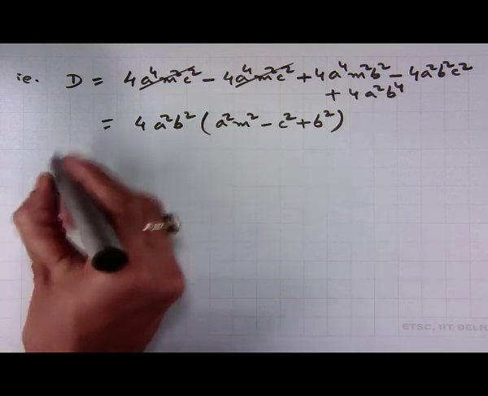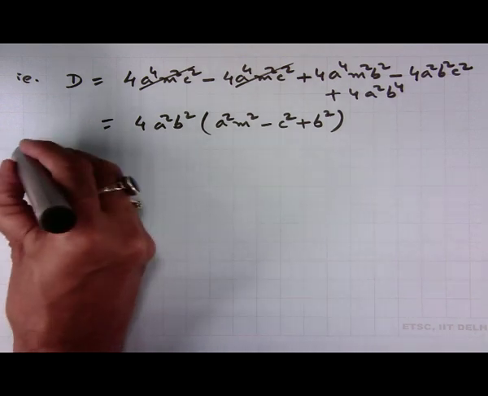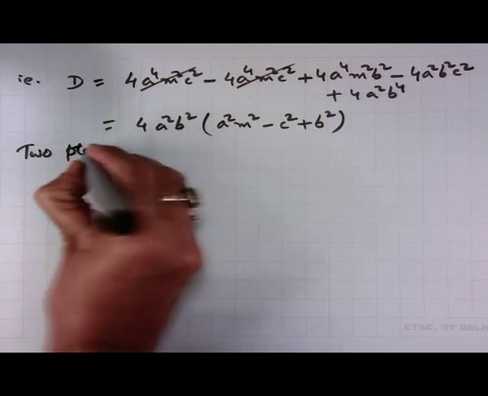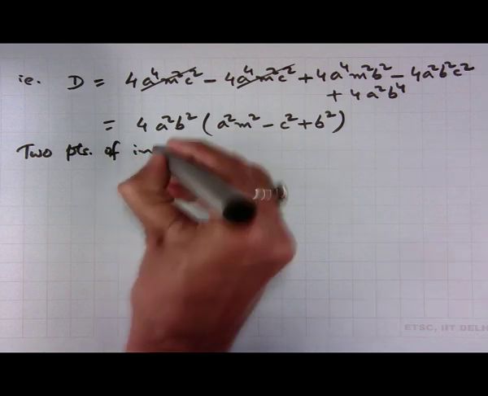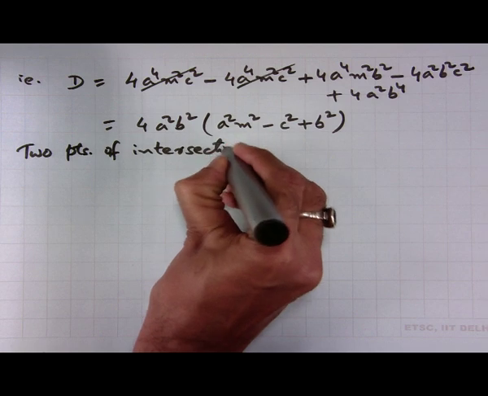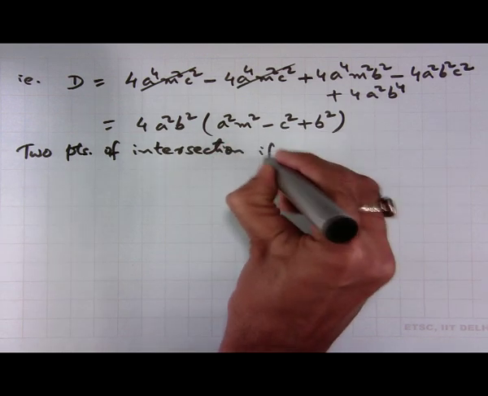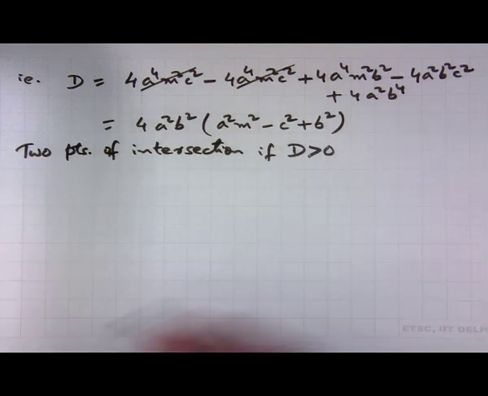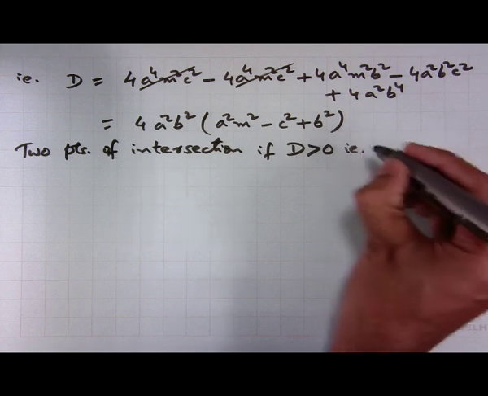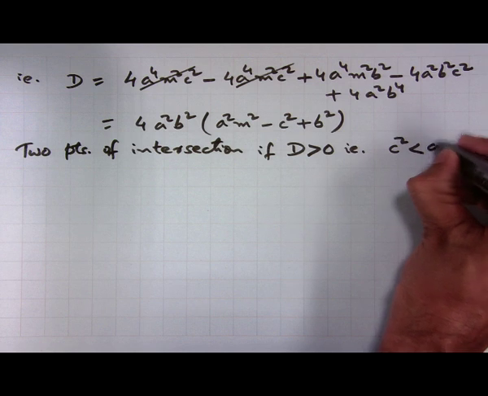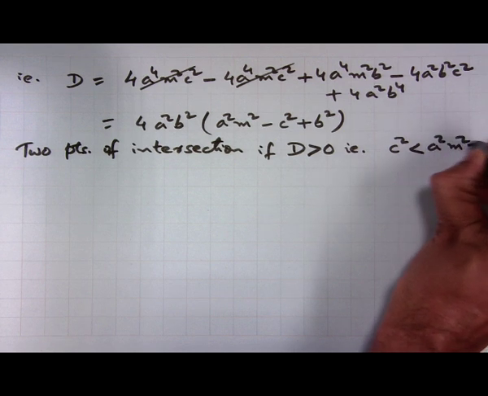So, we have 2 points of intersection if D is strictly positive, that is if c square is less than a square m square plus b square.